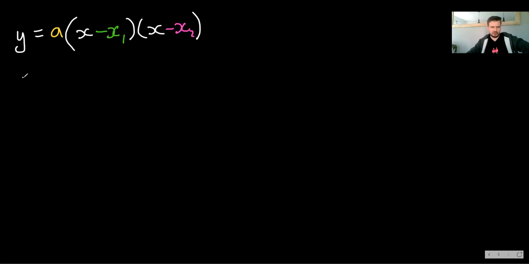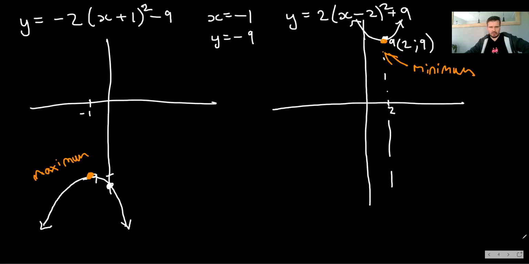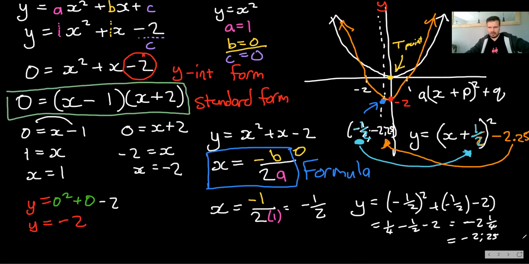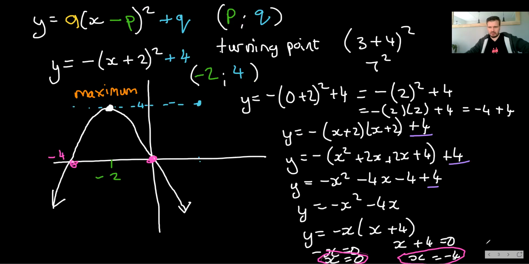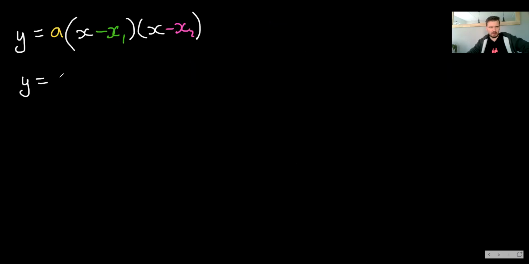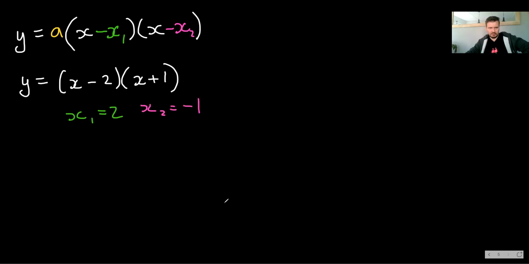An example could be y equals, I'm going to just do the exact one we did, (x minus 2)(x plus 1). This essentially is just telling us your x-intercepts, you have the x1 being 2, because it changes sign, and your x2 being -1.